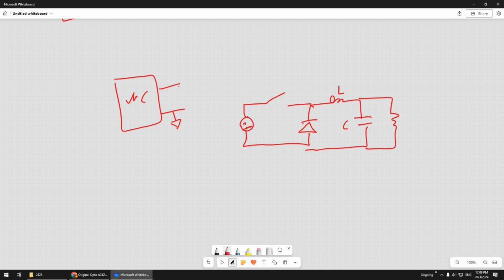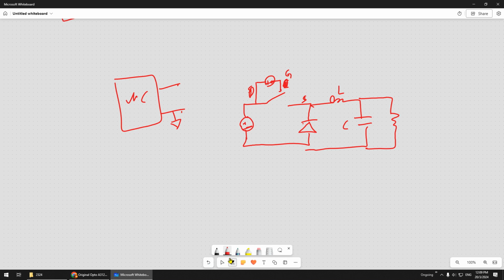Okay, so for example, if you connect this into here, assume that this is the supply, this one is positive, this one is negative, this one is G, this one is S, this one is drain, this one is source.